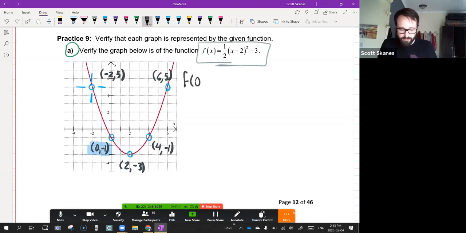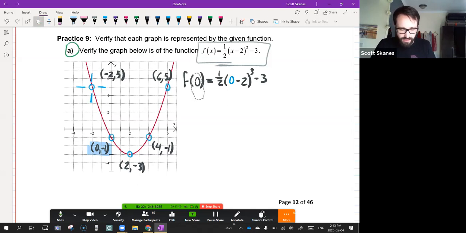I'm going to check f when x is 0. I don't know ahead of time. I actually didn't do this example yet. I didn't check ahead of time if all the points work, so I'm going to be as surprised as you are. Why did I choose 0 first? It's because 0 deletes things. So it should be a little easier. Let's see. F, a function, when x is 0. So that's a half, (0 minus 2) squared, minus 3.